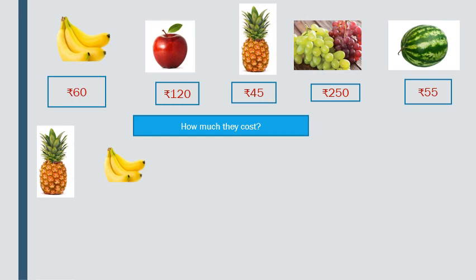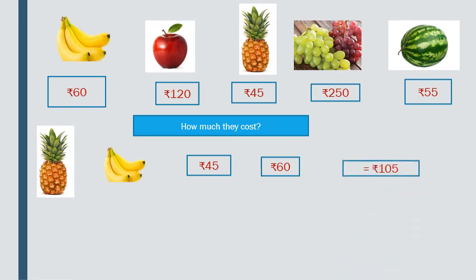Can you tell me how much money you have to pay? Let's calculate. The price of pineapple is 45 rupees and the price of banana is 60 rupees. When we add 45 and 60, we will get 105 rupees. It means you have to pay 105 rupees.